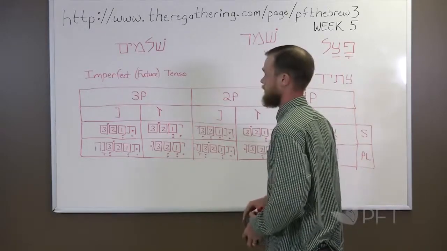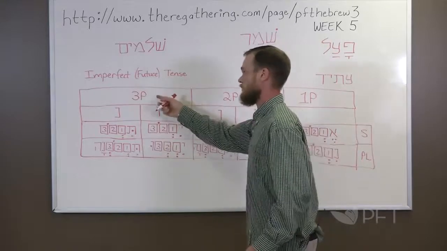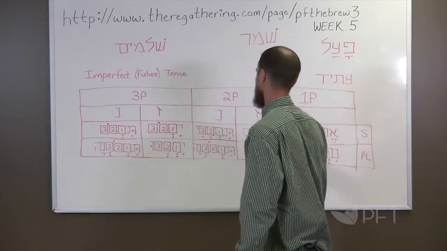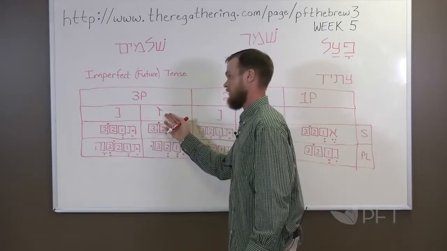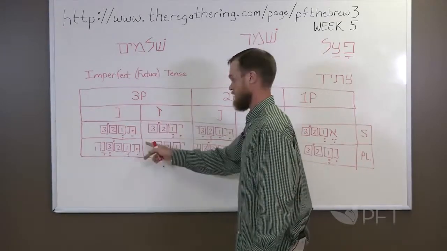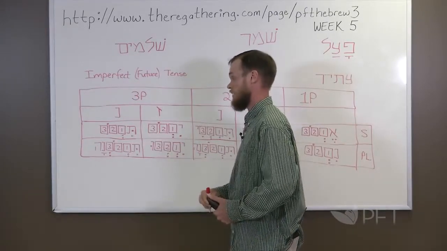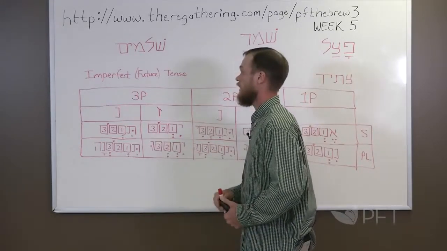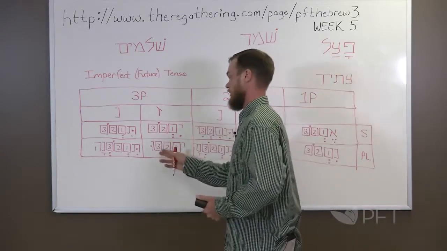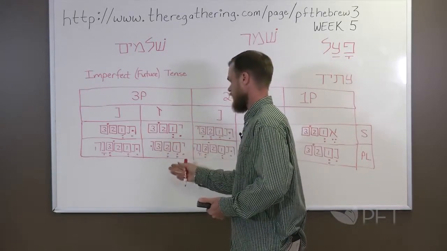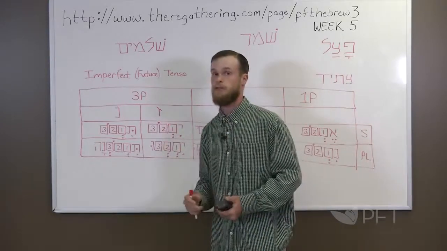The first difference you'll notice between the future tense and the past tense is that in the third person, in the past tense, there is one verb that covers the plural of both masculine and feminine. So this line was absent from the past tense conjugation chart, and it is present here. So in the future tense, there is a differentiation between masculine and feminine in the third person plural.